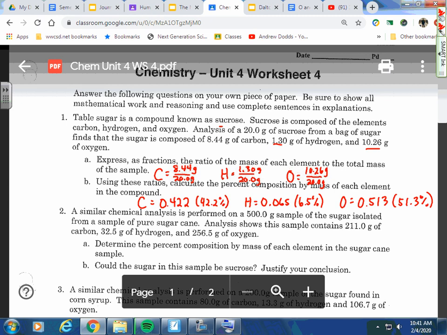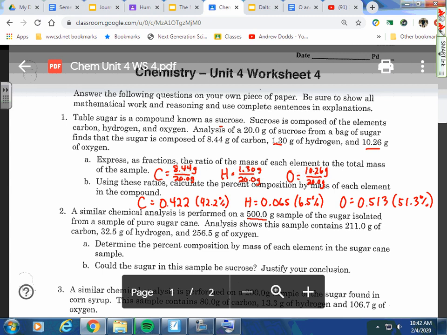So if we go to number 2, it says a similar chemical analysis is performed on a 500-gram sample of the sugar isolated. So this is going to be our total on number 2, 500 grams. They're taking this sugar from a sample of pure sugar cane. Analysis shows the sample contains 211 grams of carbon, 32.5 grams of hydrogen, and 256.5 grams of oxygen.